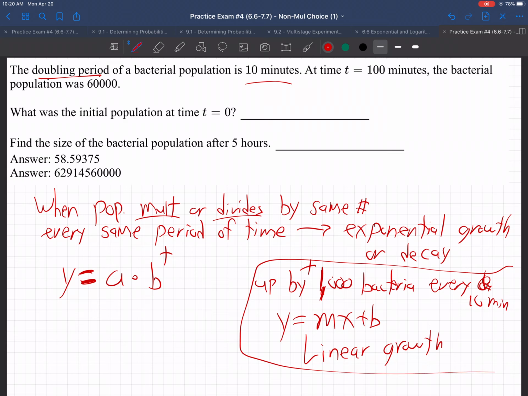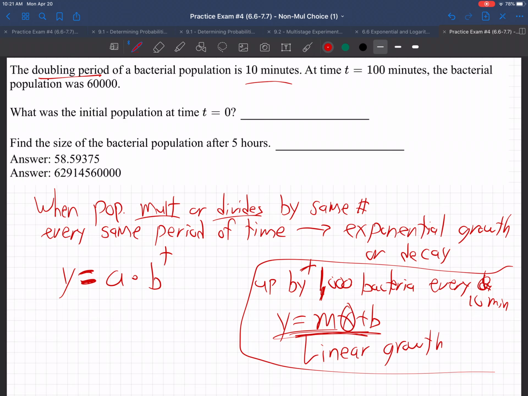So if it's just adding the same number, or even subtracting, like a car depreciates, goes down in value by $1,000 every year, that's linear. That's y equals mx plus b. The x is just on the base level.